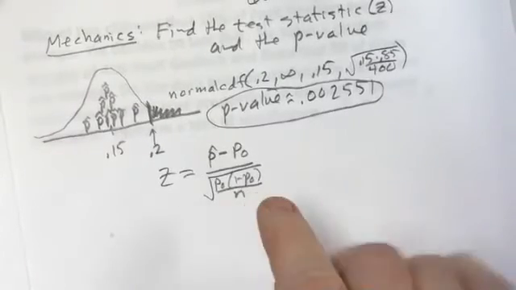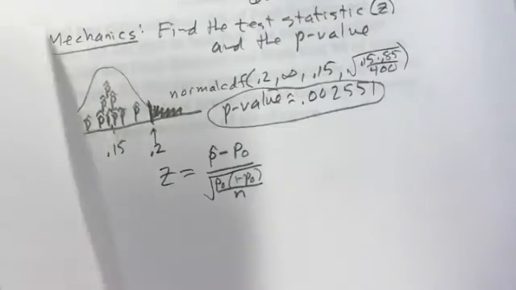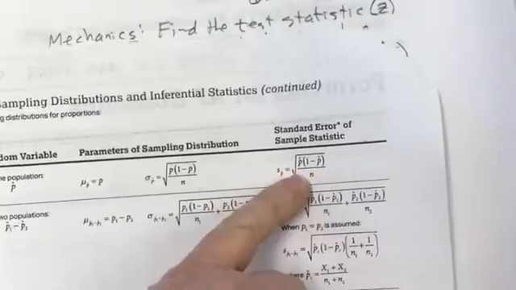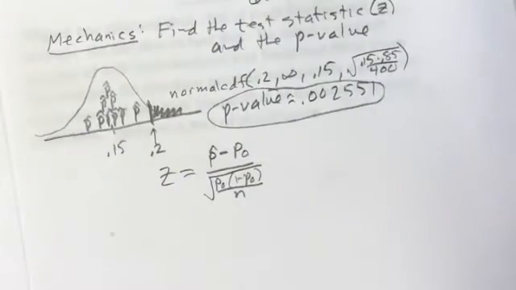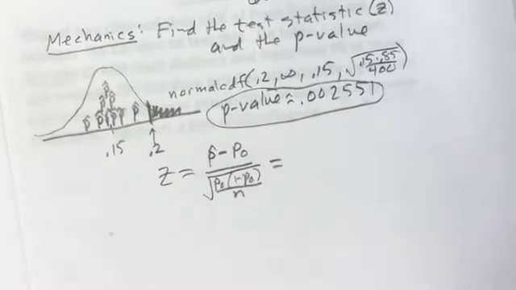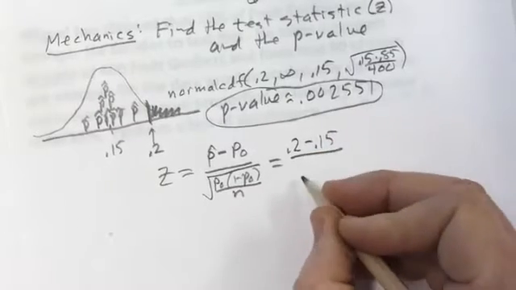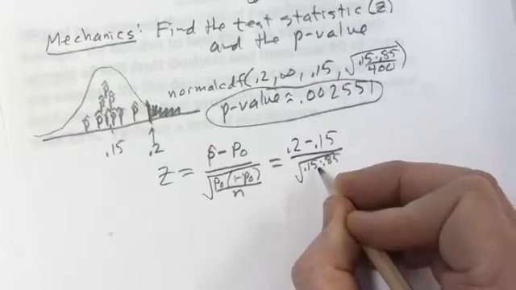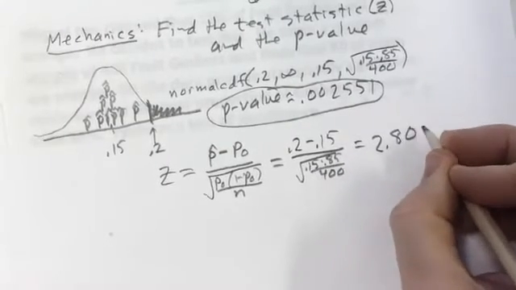So it's going to be our p naught over the square root of p naught times 1 minus p naught over n. And then that formula is, in essence, the formula for our standard error here, which we're using p naught as opposed to p hat. So when you enter in these numbers, this is 0.2 minus 0.15 over the square root of 0.15 times 0.85 over 400, and that is equal to 2.80056.